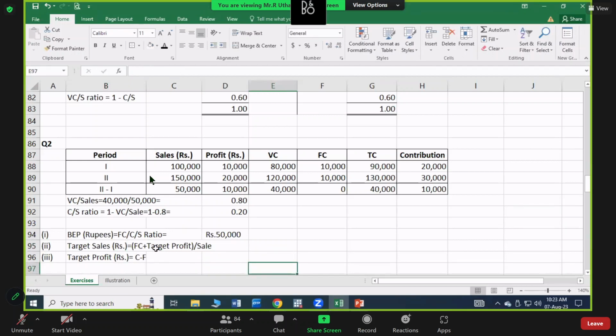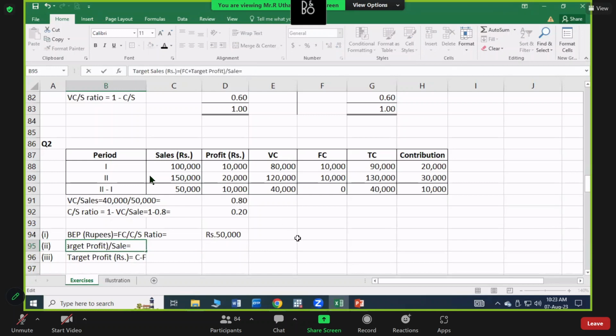So this should be an equation. So the answer should be 2 lakhs and 50,000.